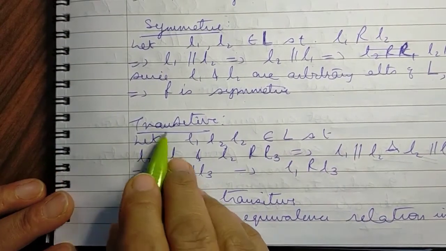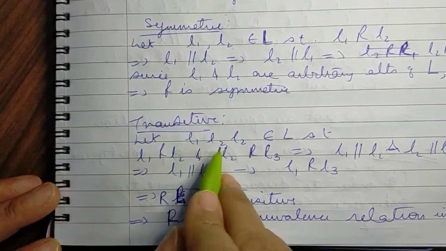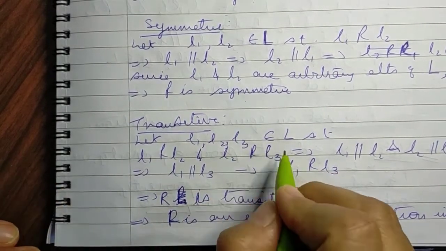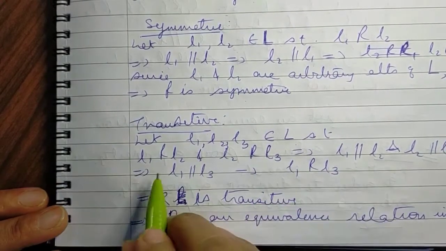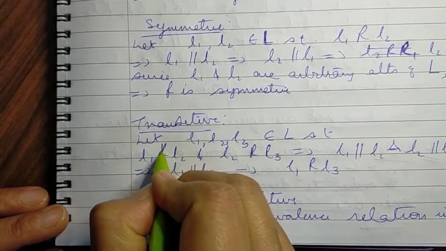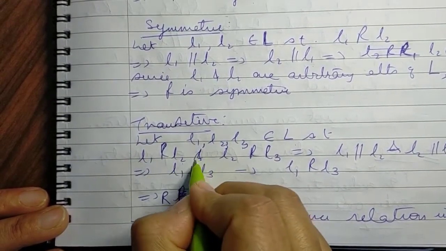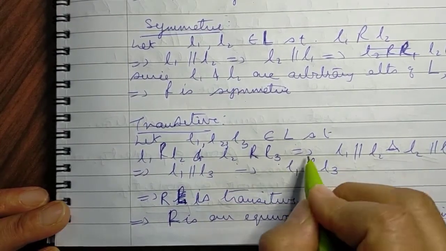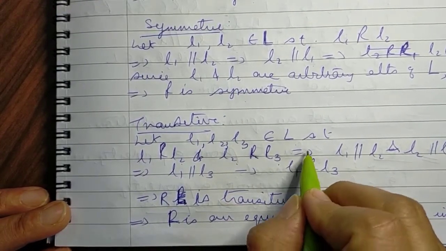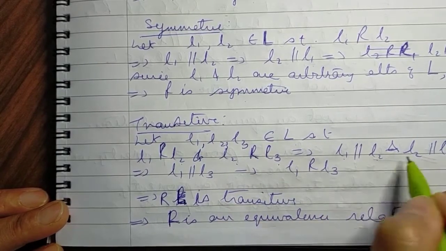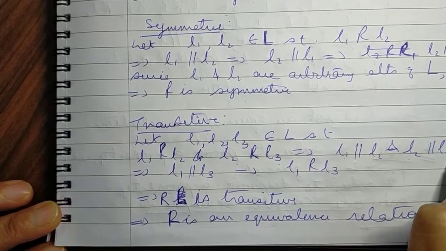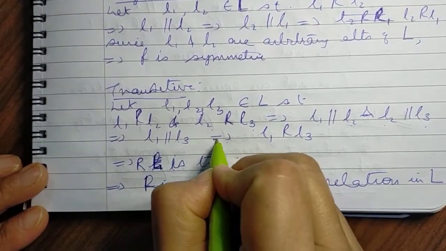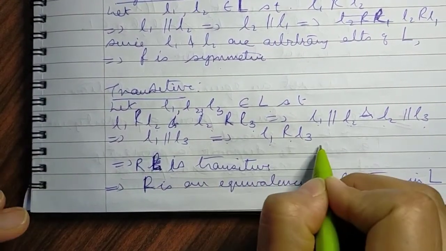Now let's come to the transitive property. Let L1, L2 and L3 be three lines belonging to the set L such that L1 is related to L2 and L2 is related to L3. So this means that L1 is parallel to L2 and L2 is parallel to L3, which implies that L1 is parallel to L3, which further implies that L1 is related to L3.